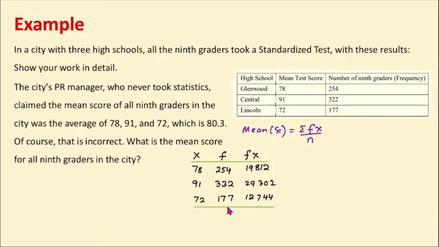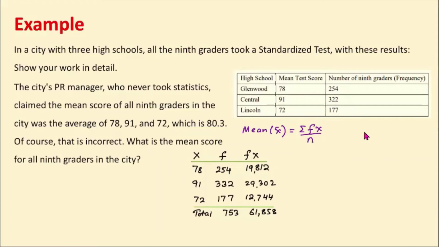If we add all these frequencies, it will be 753. And if we add all these numbers here, f times x, that will be 61,858. Okay, so once we have these values, we can plug in here to get that mean.